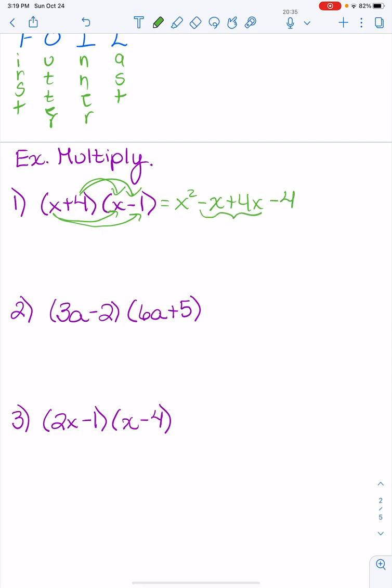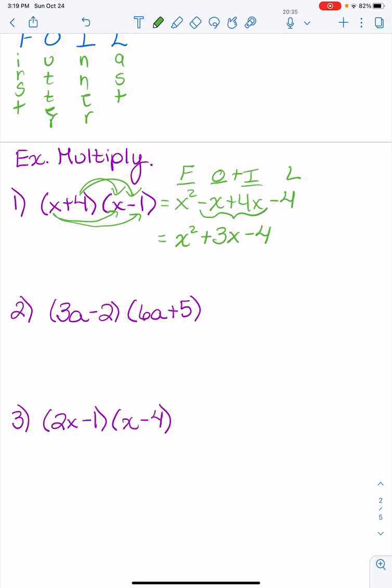We have some terms in the middle we can combine. Our outers and inners can always be combined. And so -x plus 4x is positive 3x and minus 4. So there you go. First, outer, inner, and last. And the outers and the inners can always be combined.